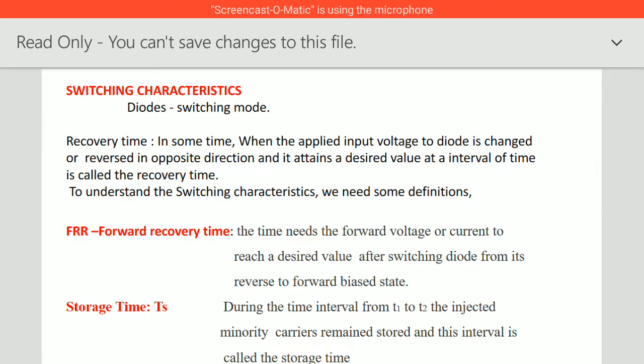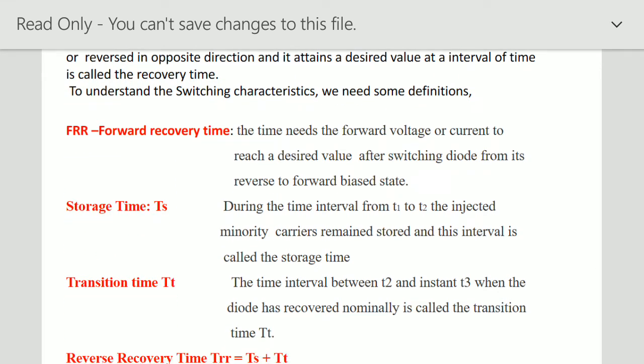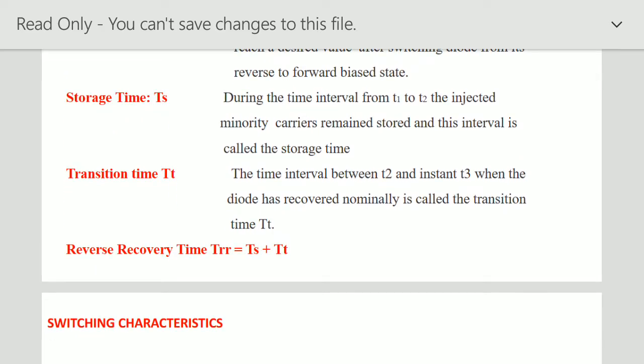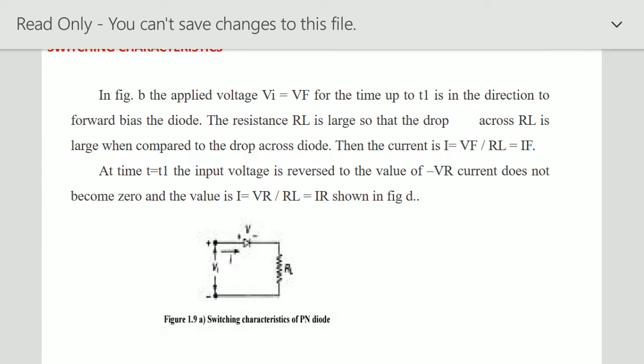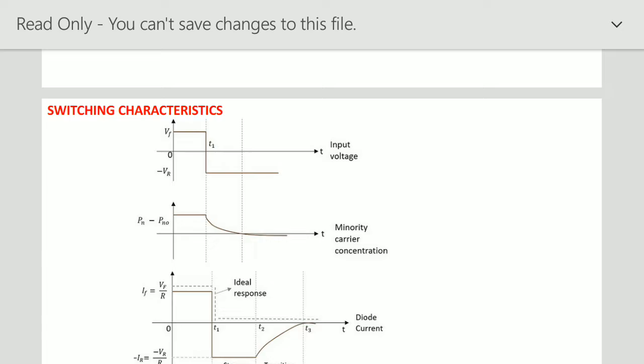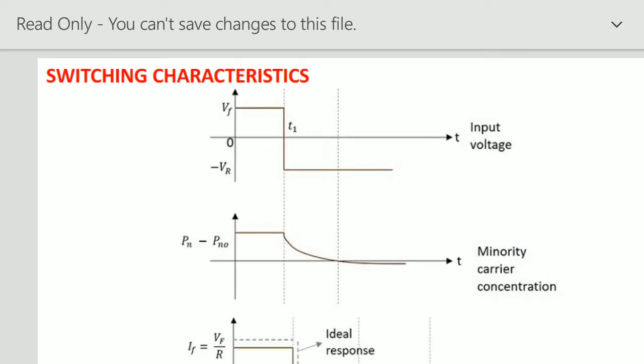To understand the switching characteristics, we need some more definitions: forward recovery time, storage time, transition time, and reverse recovery time. So directly we will go to the diagram, and we can easily understand forward recovery time and storage time one by one.